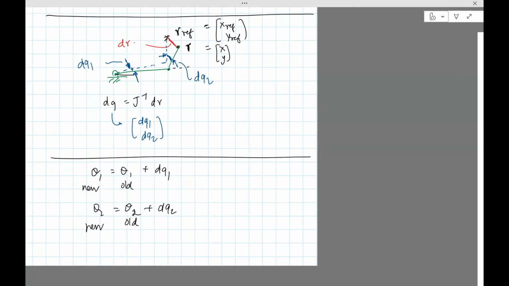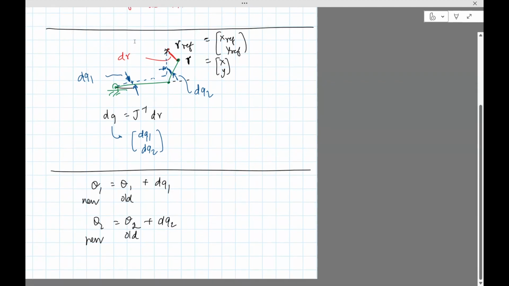Okay, so let's see how this is put together in code. It's very similar to the previous one with fsolve, except that instead of using fsolve to compute the change, you're just using this formula for dq, and then the update.